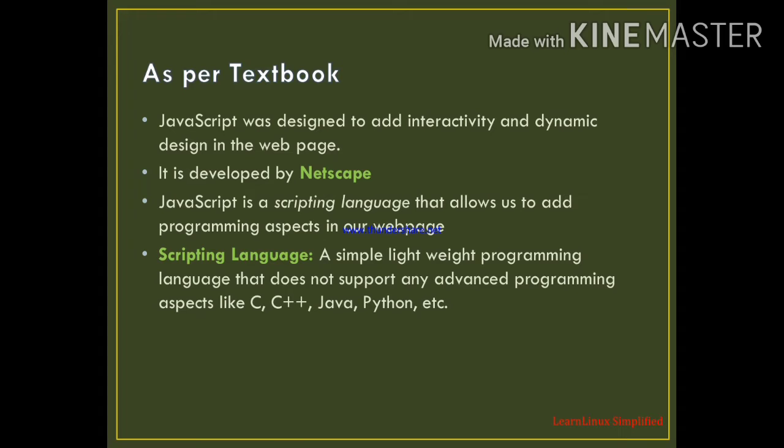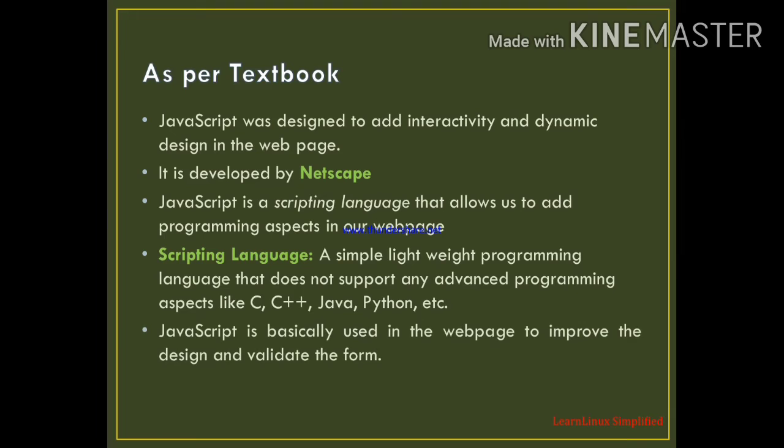Here we are not adding advanced programming aspects like creating classes and objects and working with control systems. Here we are dealing with the elements which are already available in the web page, right? So for that we are using a scripting language.